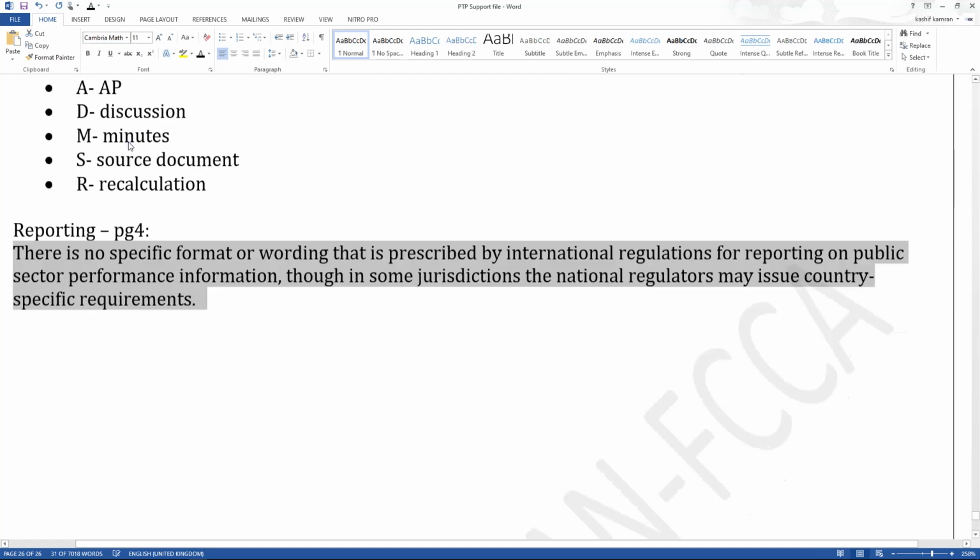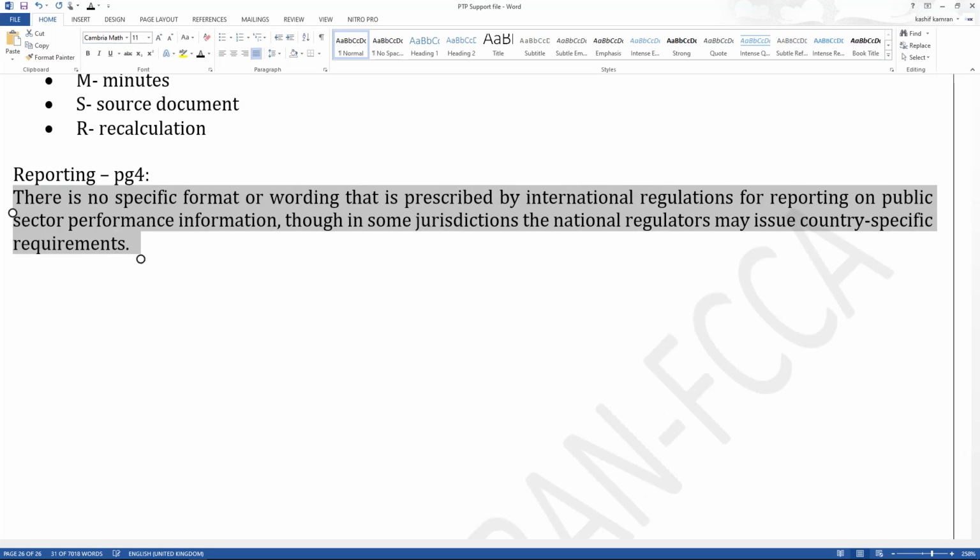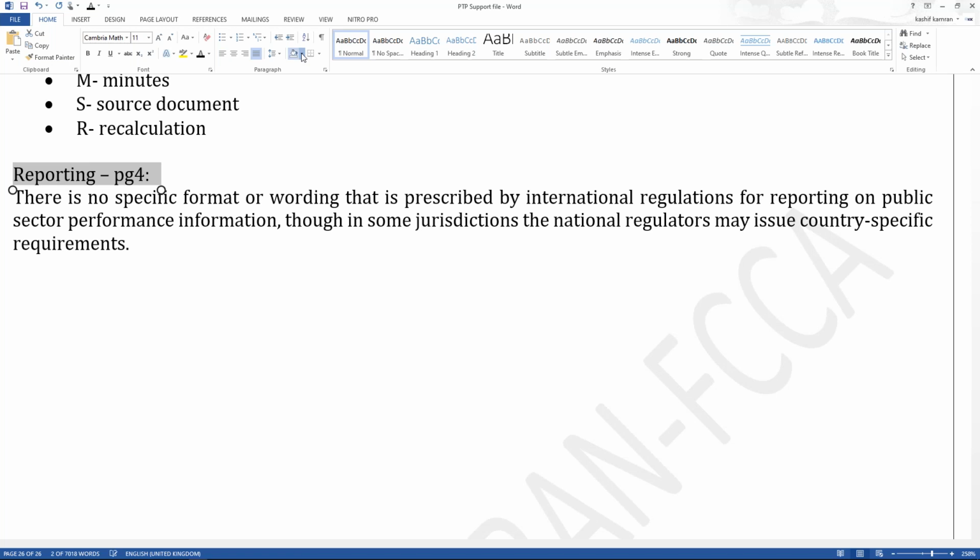Okay, the first thing the examiner is telling us under reporting of the performance information is there is no specific format or wording that is prescribed by the regulation for reporting on the public sector performance information, though in some jurisdictions, the national regulator may issue a country-specific requirement. So there is no specific format or wording of the report, right?